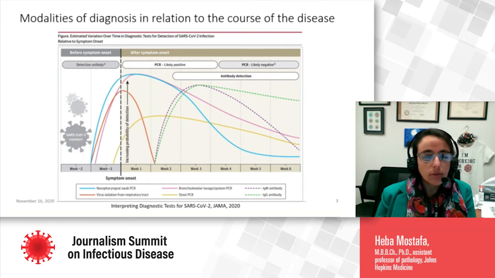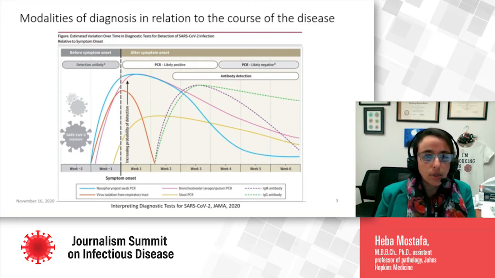So if you look at this graph here, it shows you when antigen testing is expected to have its highest or best performance, which is really during the first few days after infection.